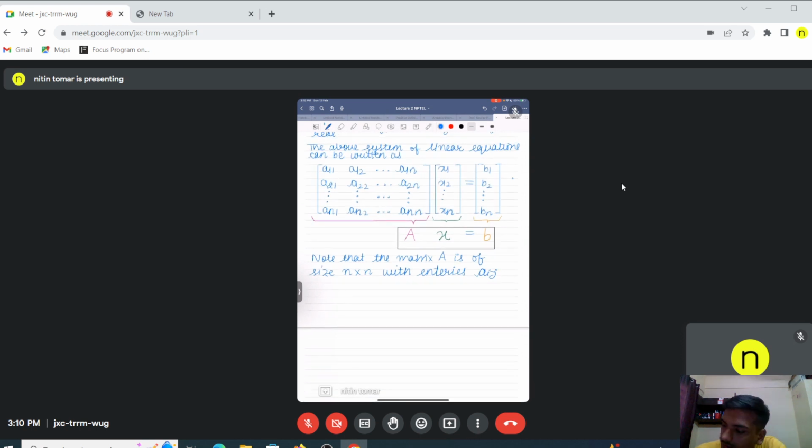Now, let's say this is point 1. Point 2 is the column vector x, which is nothing but x1, x2, ..., xn. We write it in an n-tuple form, and this T stands for transpose, which basically means every row becomes a column and vice versa.